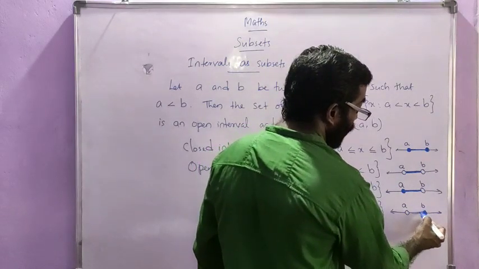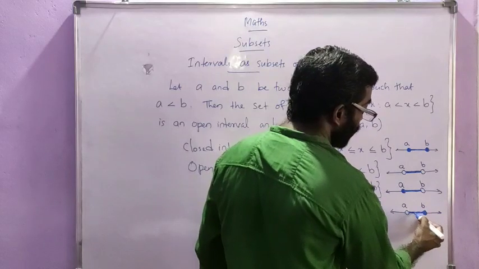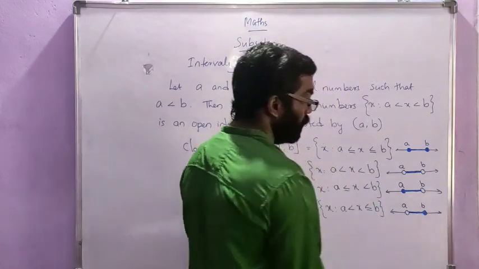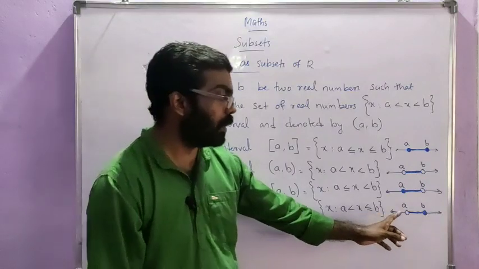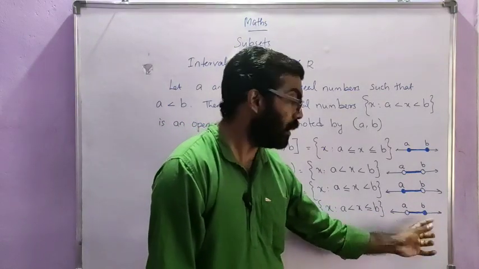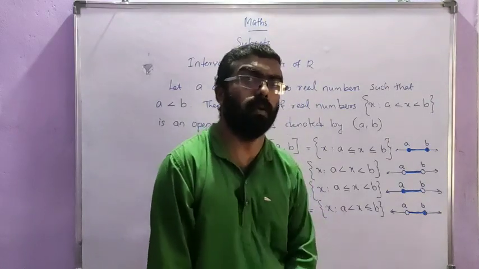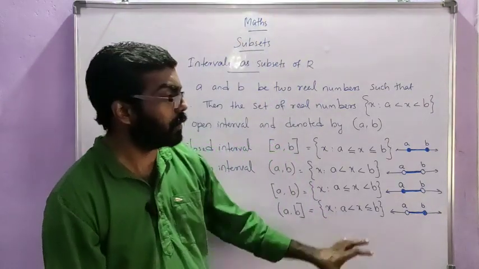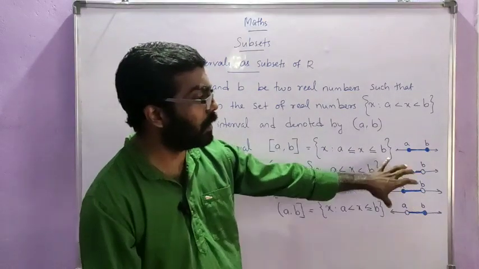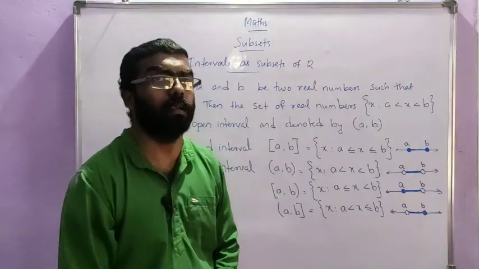Then we can darken the portion in between A and B. So it means A is excluded, B is included, and all the real numbers in between A and B are included. Okay, so these are the representations of intervals on number line.